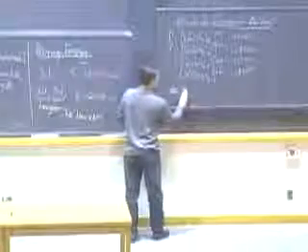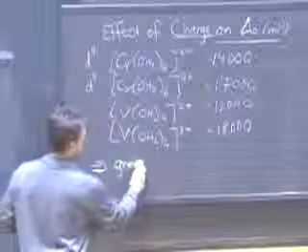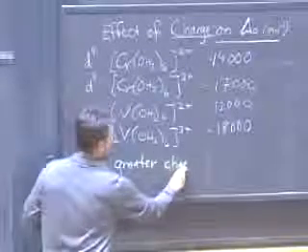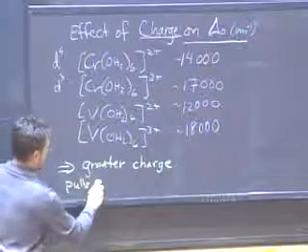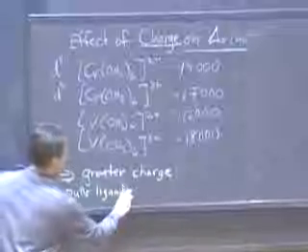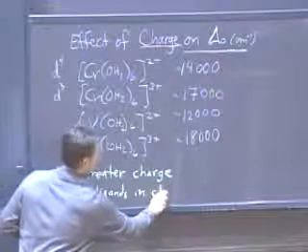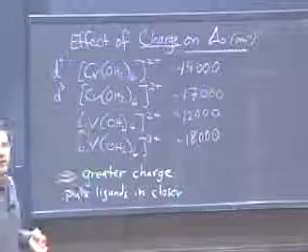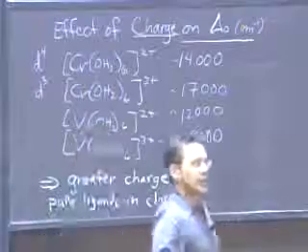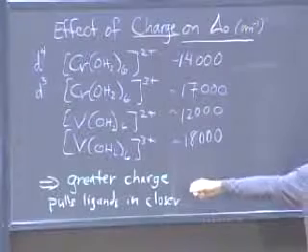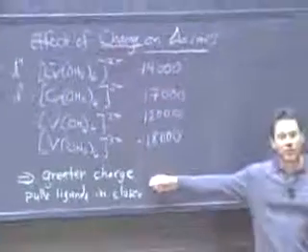What's going on here is that the greater charge pulls the ligands in closer to the metal. If the ligands are in closer to the metal, then, as you'll see in a moment when we get to the MO picture for octahedral coordination complexes, putting electrons in EG star becomes more difficult.